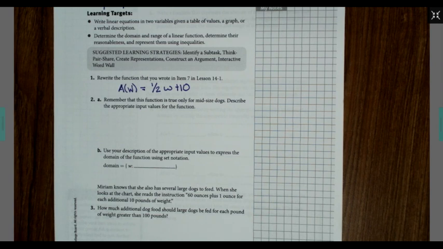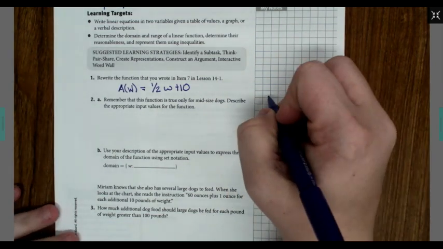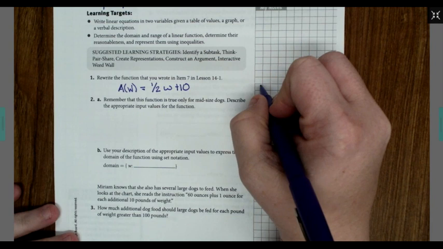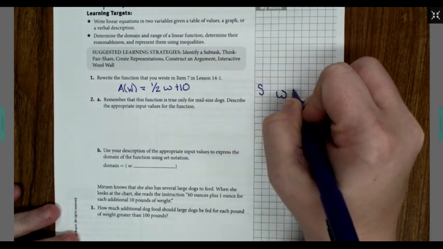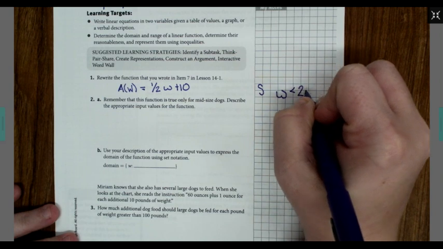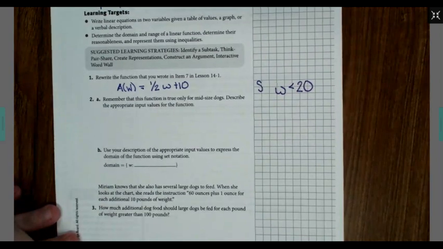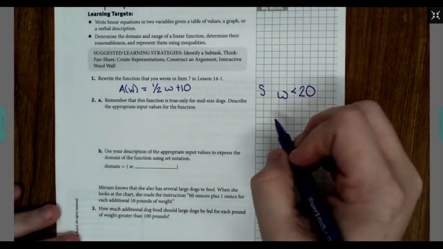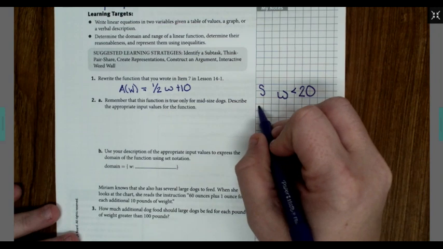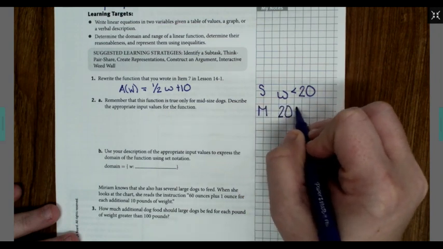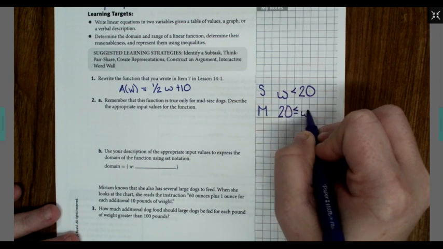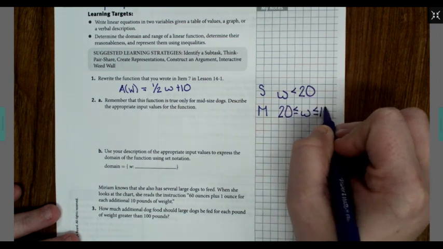Mid-sized dogs only. Now, let's just go back to that paragraph from yesterday. A small dog was any dog that weighed less than 20 pounds. Then we had our mid-sized dogs, which were any dogs that weighed between 20 pounds and 100 pounds.